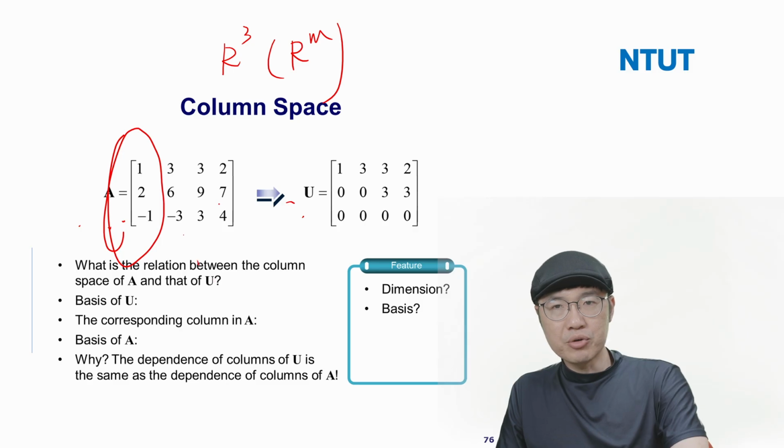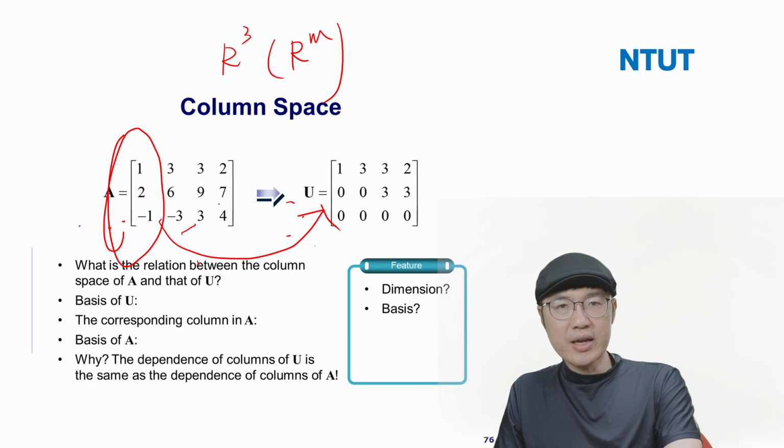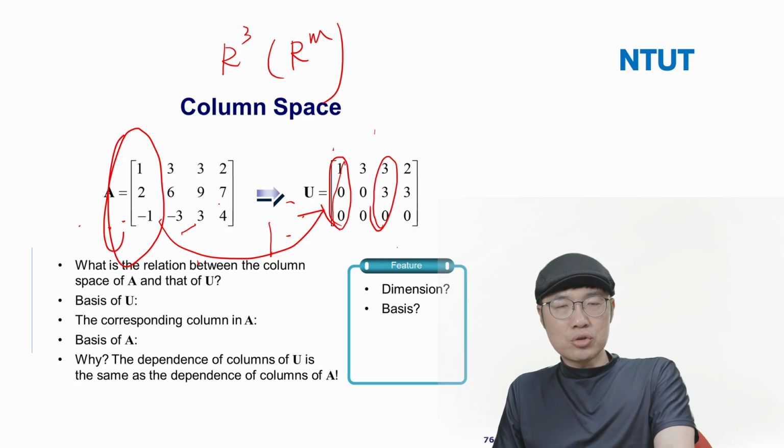We already brought A to U. So from U, there are two independent vectors. Oh no, not rows, because that is the row space. There are two independent columns that contain pivots, with two free variables for the second and the fourth column.